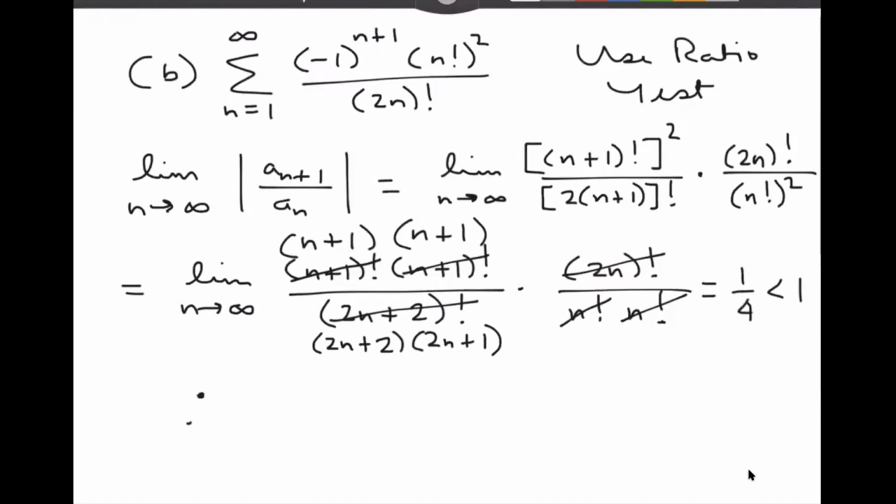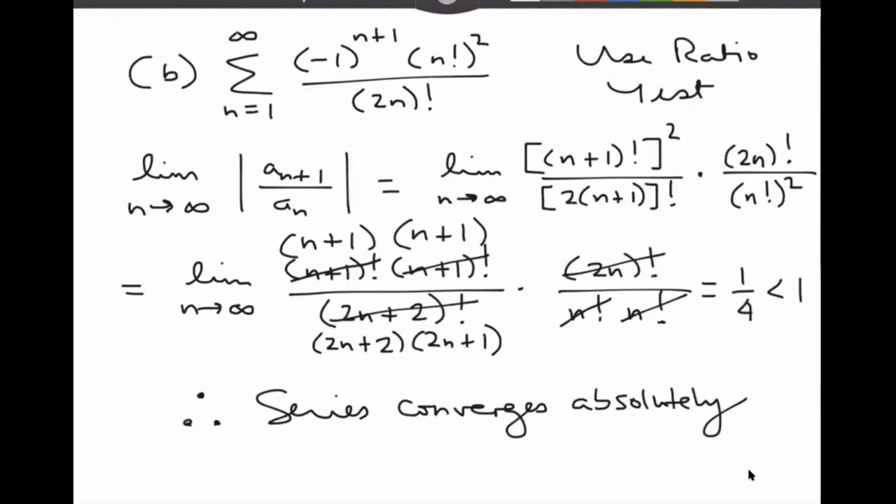Therefore, the original series converges absolutely by the ratio test. Now, I don't know exactly how these questions are set up on your online homework, but I did notice that the directions say which series converge absolutely, which converge, and which diverge.